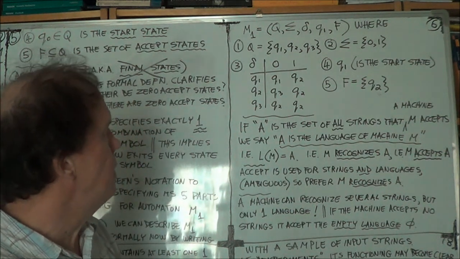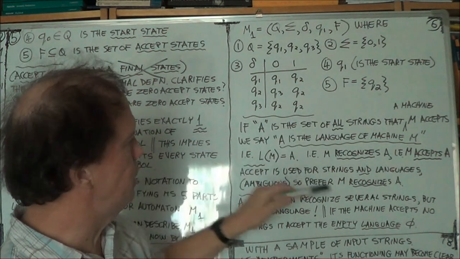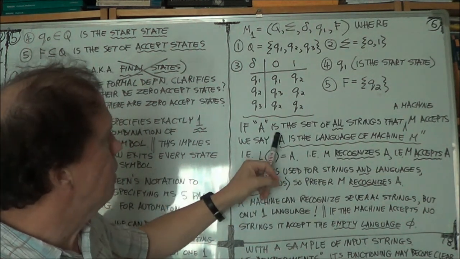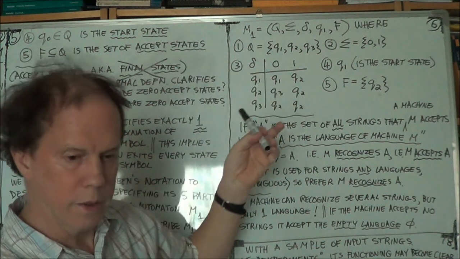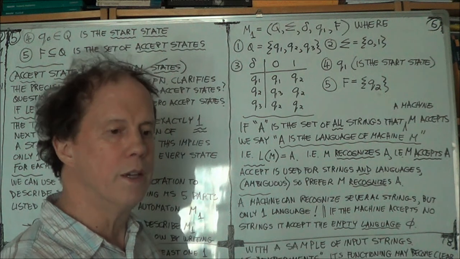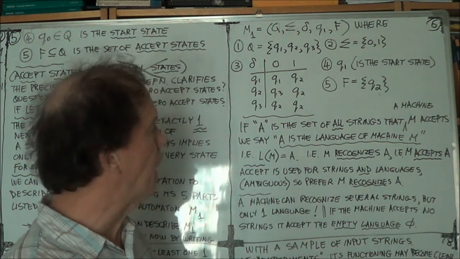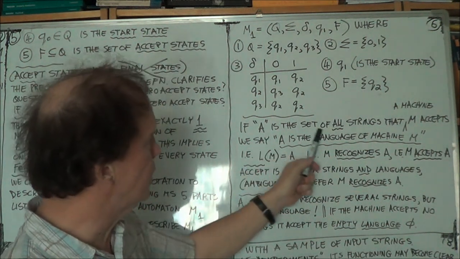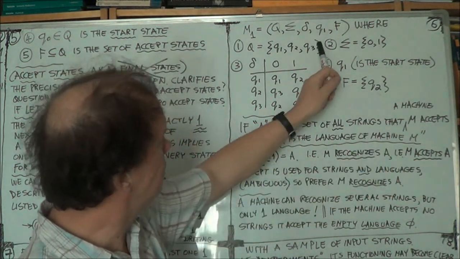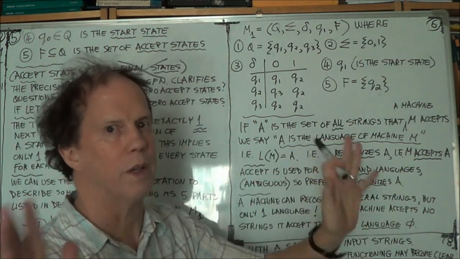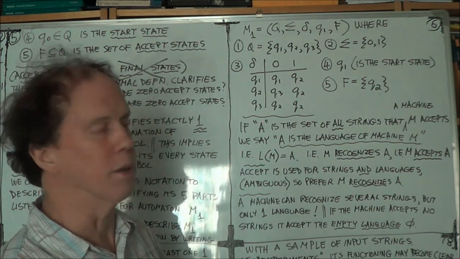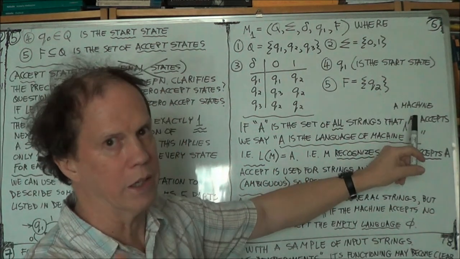Alright, now I've mentioned this a little bit before, but let's bring in a new terminology now. So this automaton can accept probably lots of different strings. Okay, so put all those strings into a set. Label that set A. We're not talking about M1 now, I was just talking in general. An automaton, any machine, and just label it M generically.